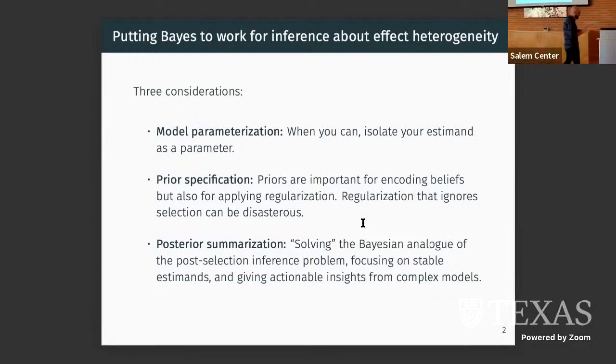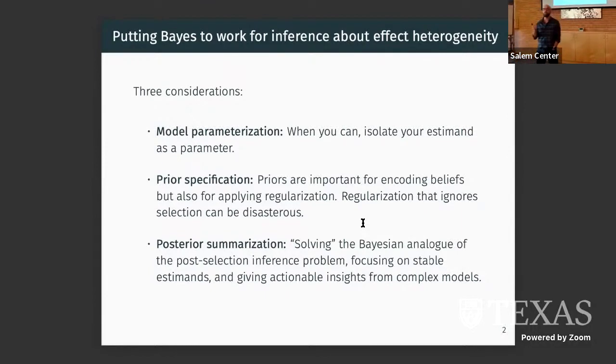And the big take home I want you to have from this portion of the talk, or one of the big take homes, is really that regularization that ignores selection, when we don't have something like a randomized controlled trial, can be a disaster. Okay. And then finally, posterior summarization solves, and I say solves in quotes because it's in some sense not a solvable problem, the Bayesian analog of the post-selection inference problem.